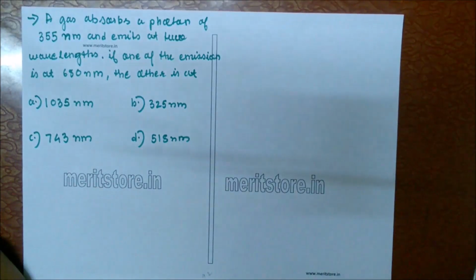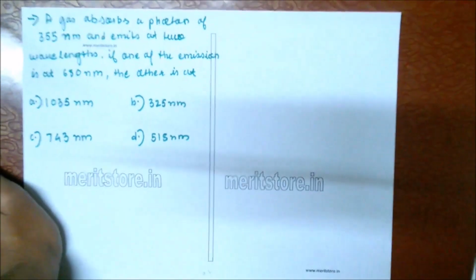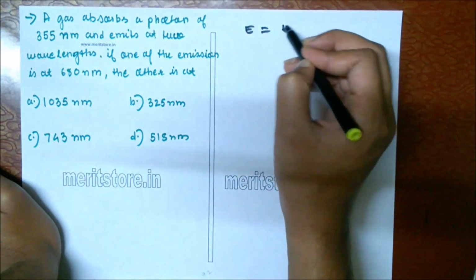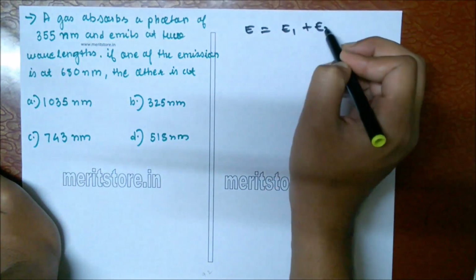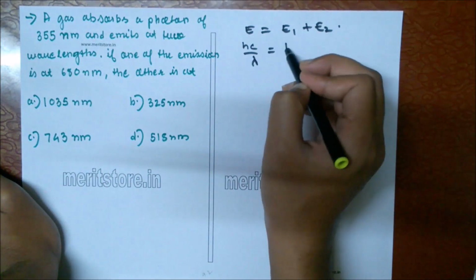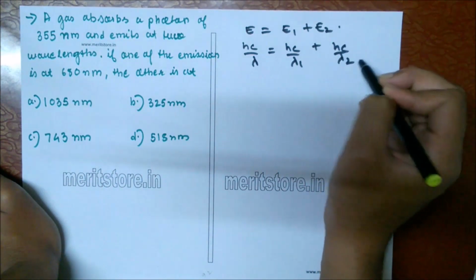A gas absorbs a photon of 355 nanometer and emits two wavelengths. If one emission is at 680 nanometer, the other is at. So we know that E is the total energy, which is equal to E1 plus E2. hc upon lambda is equal to hc upon lambda 1 plus hc upon lambda 2.